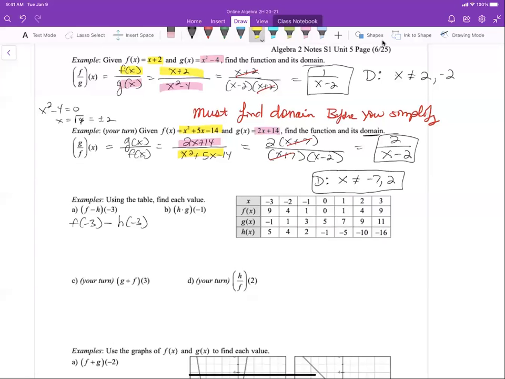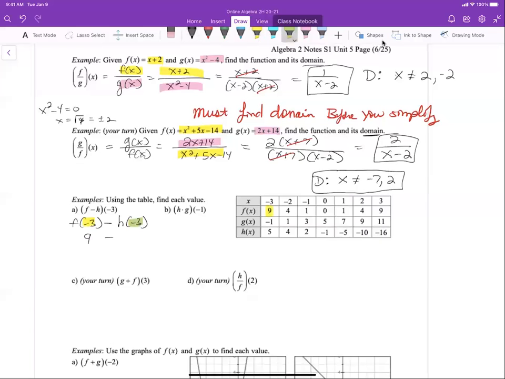So we go over here, and once again, the x value, or our input, is -3. So we find -3, and we find what is f of x when x is -3. And that will be a 9. So our output is a 9 minus h of -3.